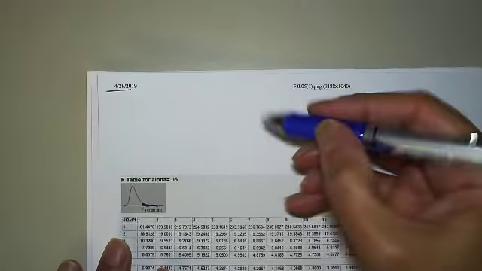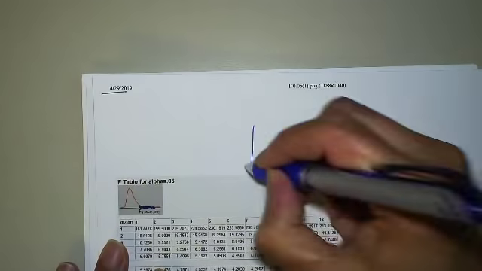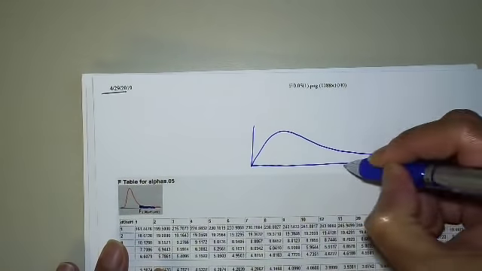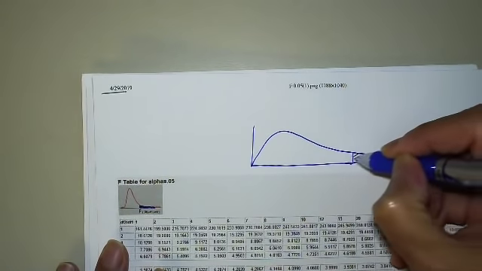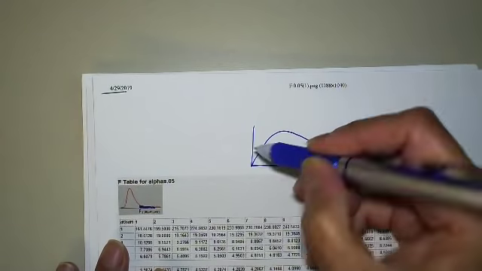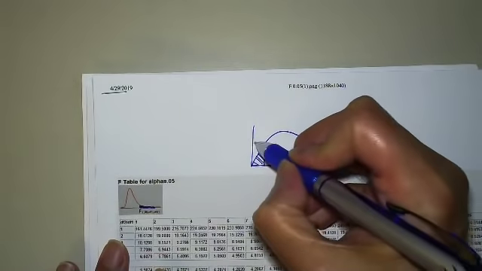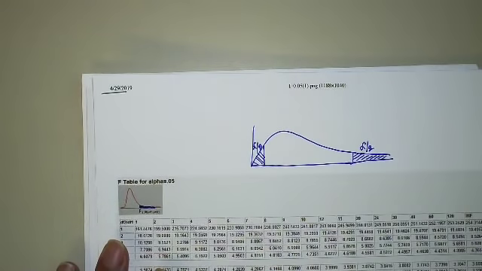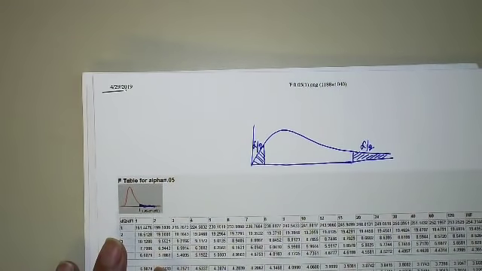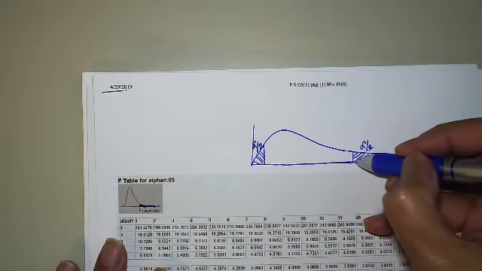Because the F distribution is a right-skewed distribution, and when you have a rejection region here and a rejection region here, this is alpha over 2 and this is alpha over 2. Now for the F, we're only going to be interested in this one.